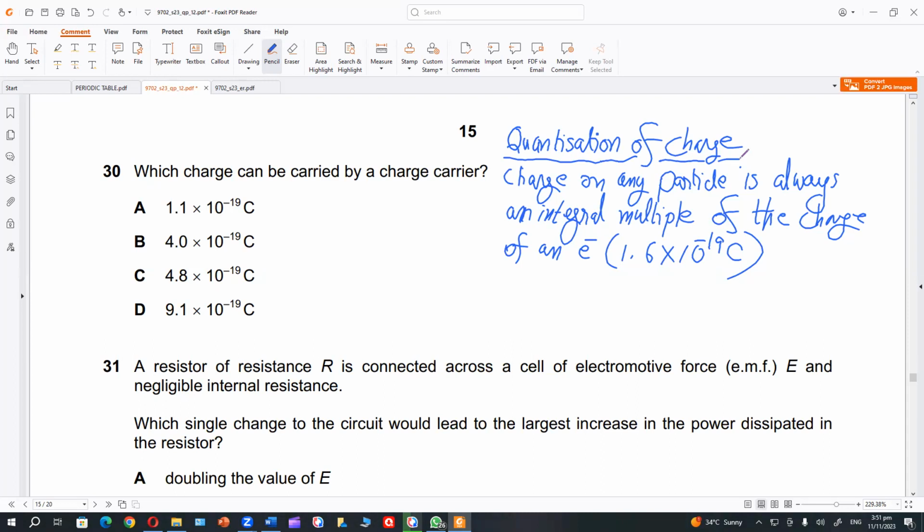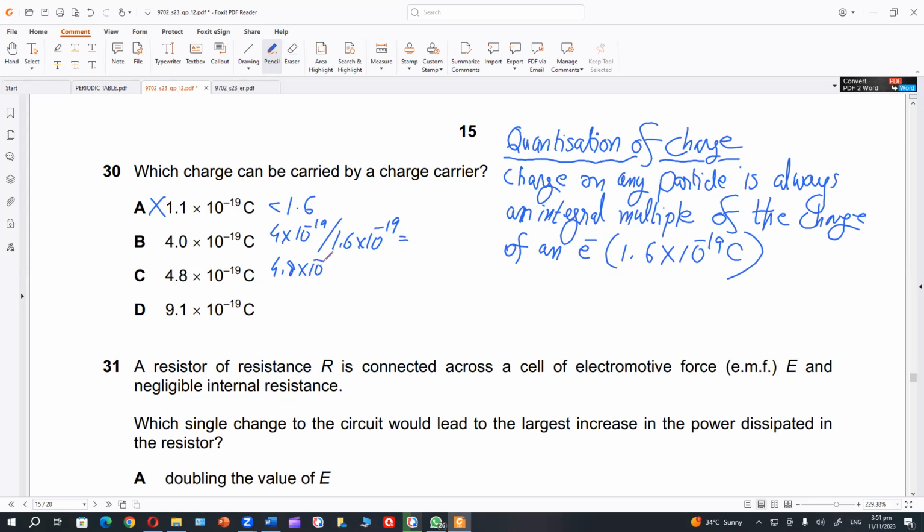The first one is looking already wrong. It is even less than 1.6, so that should be neglected. I cancel it out. That's 2.5, so it's wrong.